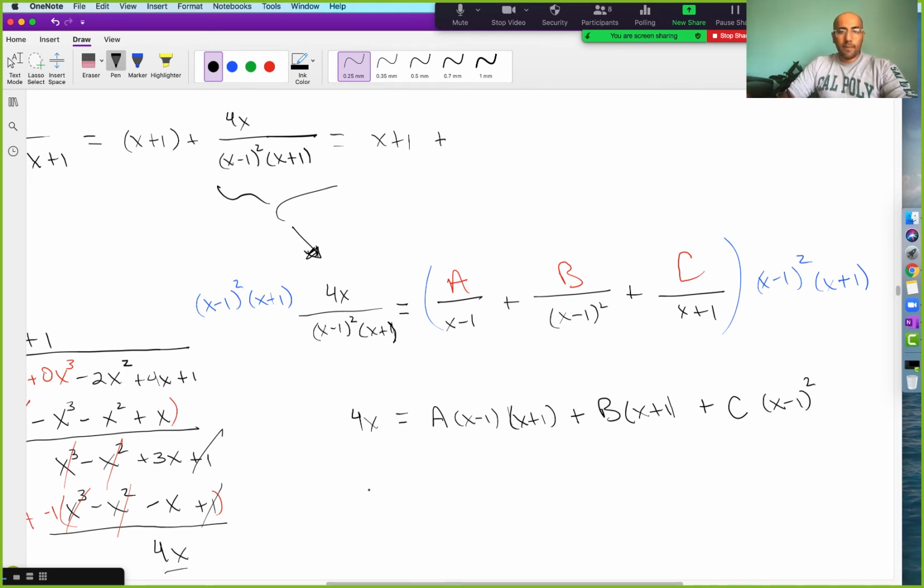Pretty ugly. Good. 4x is equal to, foiling this out, I end up with a times x squared minus 1 plus, well, this is just going to be bx plus b, plus c times, and this will be equal to x squared minus 2x plus 1.